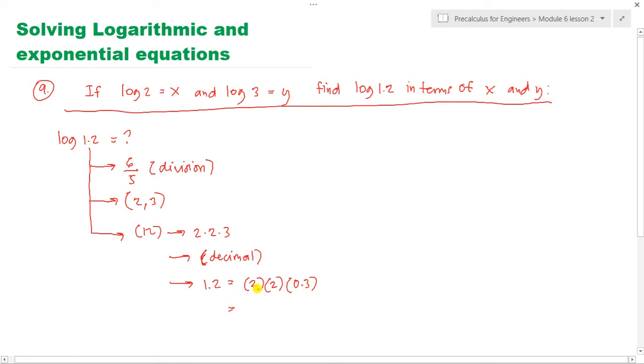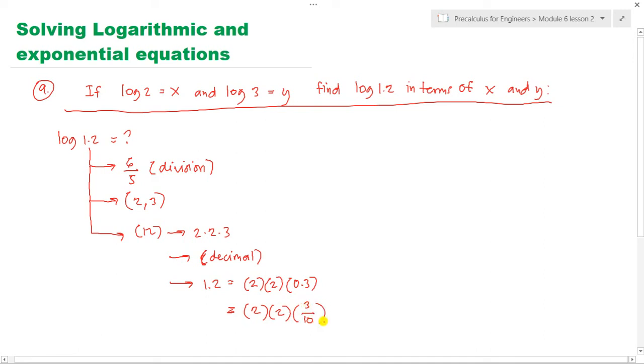And then, since 3 raman ang available nato, pwede po na nato ma-express ang 0.3 as a product of 3 times a certain number. Diba? 0.3 is just equal to 3/10. So, we can say, in terms of a whole number, 1.2 is equivalent to 2 times 2 times 3 divided by 10.